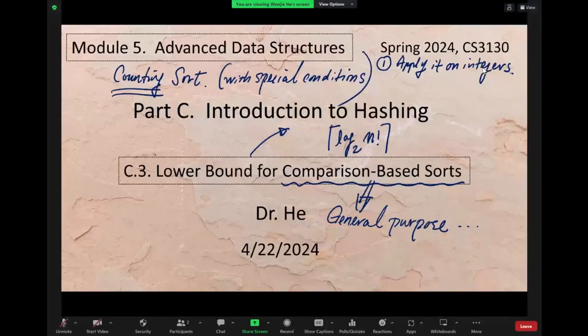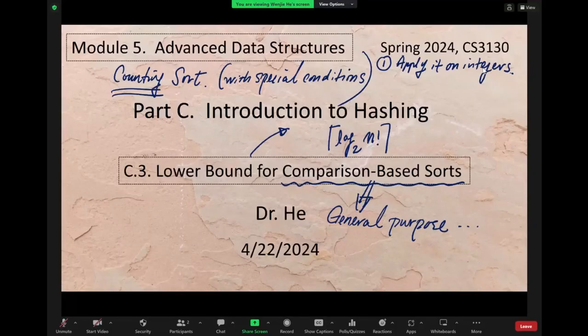So you may ask why integers? Because when the elements in an array are integers, then you can do the counting, right? How many elements have value 1, how many value 2, and so on. But with floating point numbers, it's hard to do the counting, not efficient.